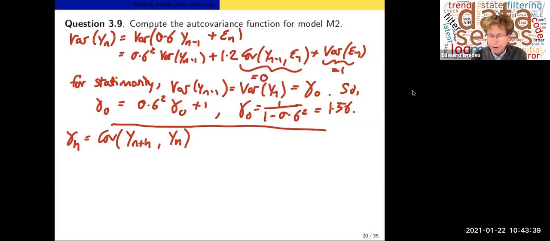And now I'm going to consider the case h is bigger than 0, because I just considered the case h equals 0 before. If h is bigger than 0, then I'm going to write this as the covariance of 0.6 yn plus h minus 1 plus epsilon n plus h with yn.